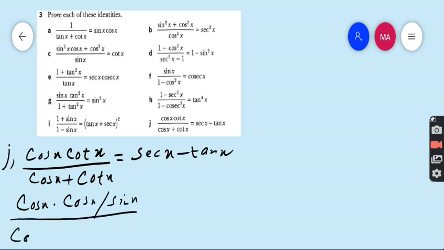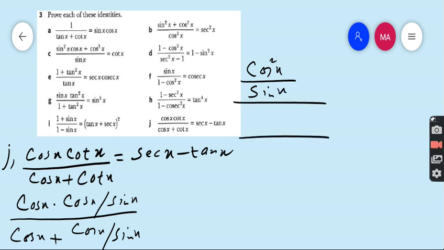upon cos x plus cot x is what? Cos x upon sin x. Cos multiplied by cos is cos square x upon sin x, taking sin x as LCM.